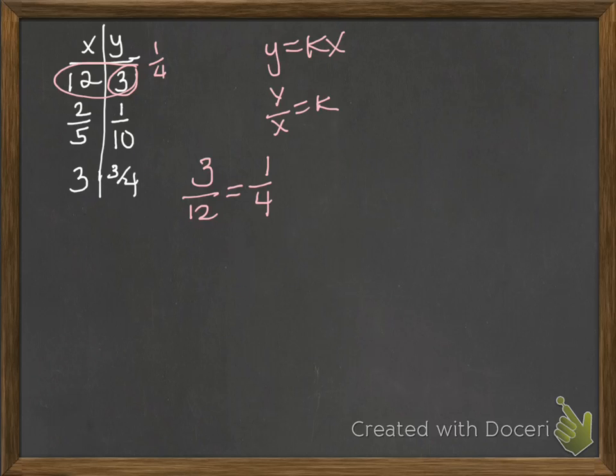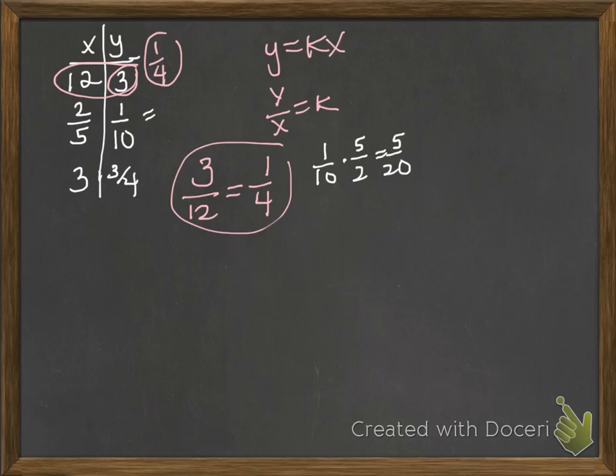So this one, the k is 1/4. Let's try the second one. I have 1/10 divided by 2/5, which would be the same as saying times 5/2, would give me 5/20, which reduces to, once again, 1/4.